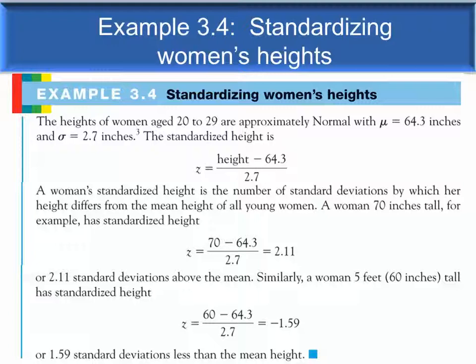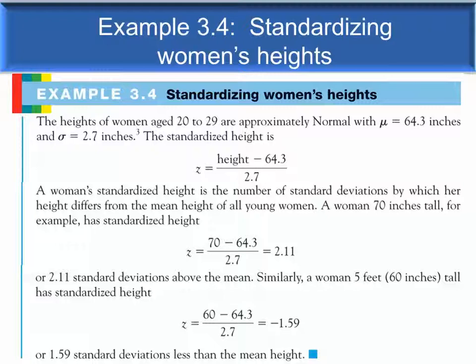However, standardizing also gives us information about their heights relative to the population. The 70-inch woman is considerably taller than most of the population. She has a positive standard deviation of 2.11, whereas the woman who's 60 inches tall has a negative standard deviation, which tells us that she is shorter than the average person in the population. Her standard deviation is 1.59 below, so she's quite a ways away from the mean.